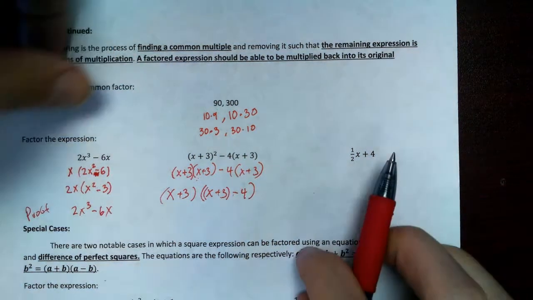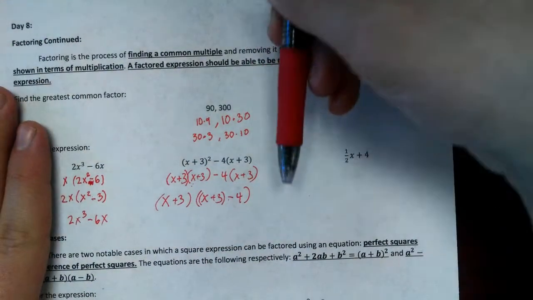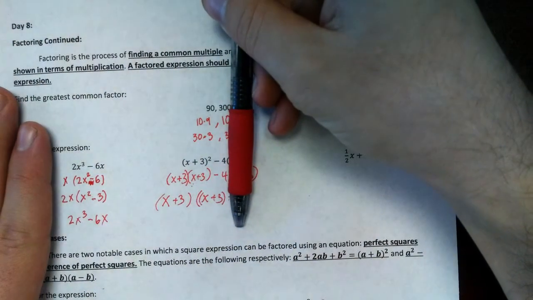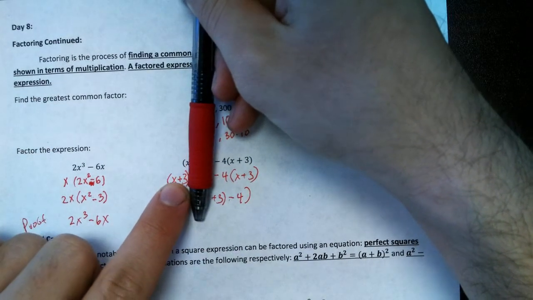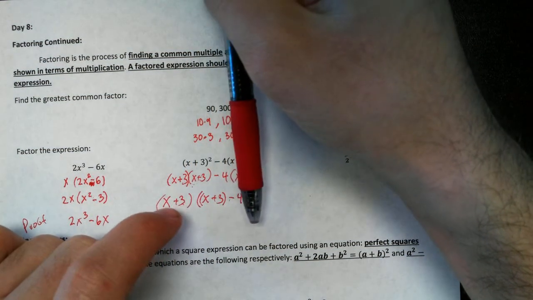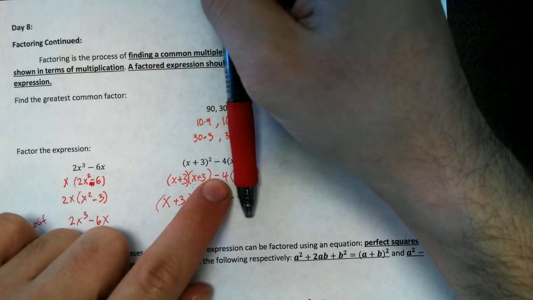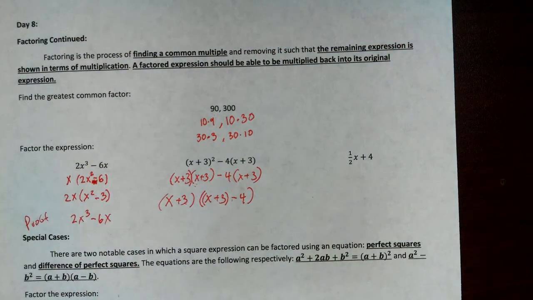Okay, and a really good way to think about this is, if you have your factors explicitly written, you can just cover them up and then write what's left behind, right? So for this one, we would cover up one of our x plus 3s, and we would have x plus 3 left behind, so we could write that right there. And then covering up our x plus 3, we would have minus 4 left behind, so we would write that right there. Okay? And there's actually one extra step we can do with this.